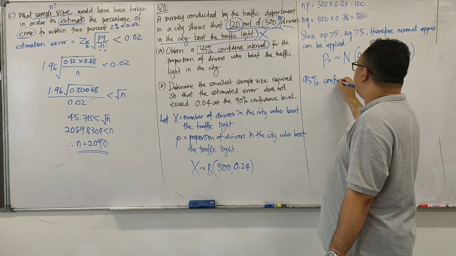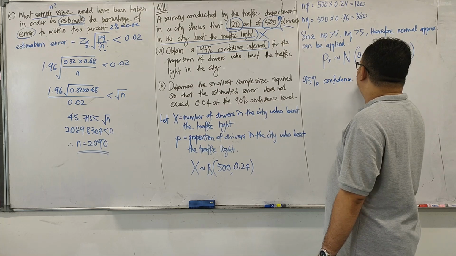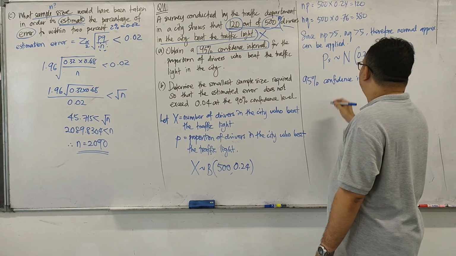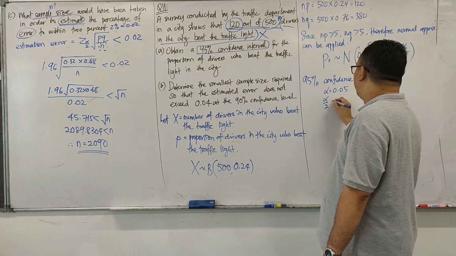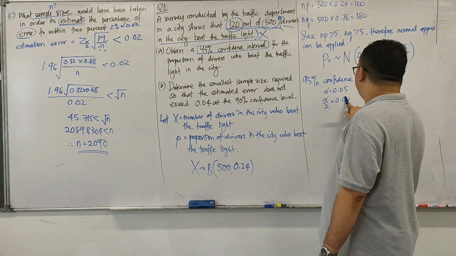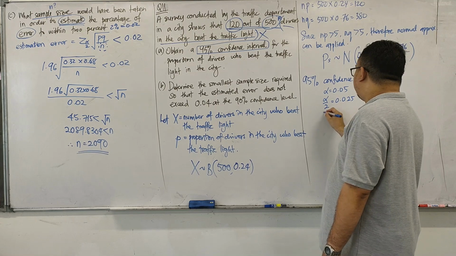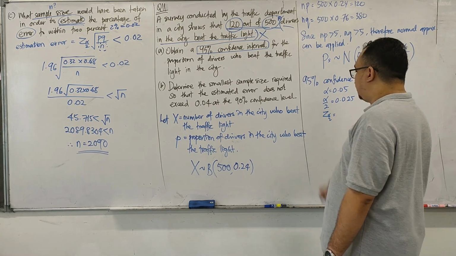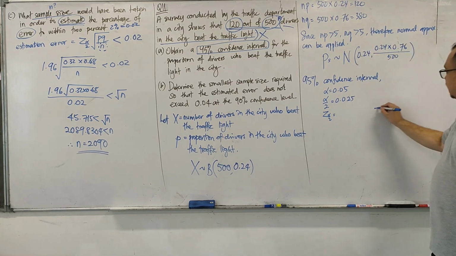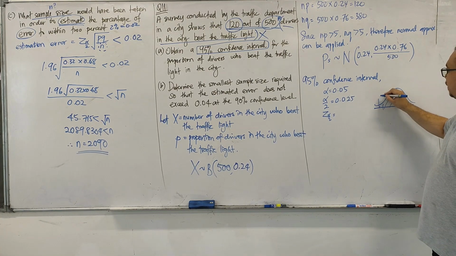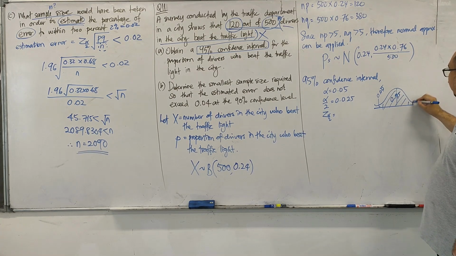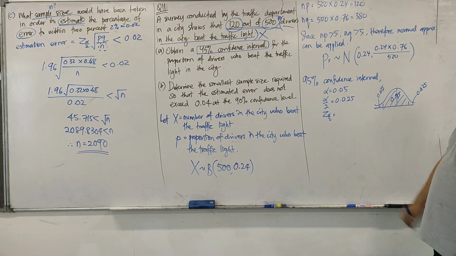Okay, and then kita nak cari step 3 saya adalah 95% confidence interval. So my alpha is 0.05, alpha over 2 is 0.025, my z alpha over 2 is, okay, so kita kena sketching. This is my 0.95, 0.025, 0.025.